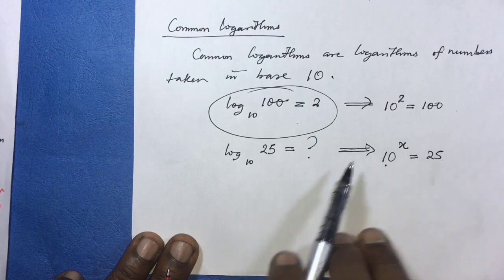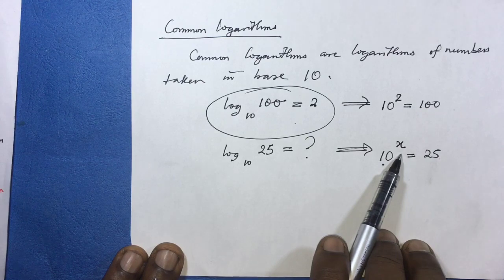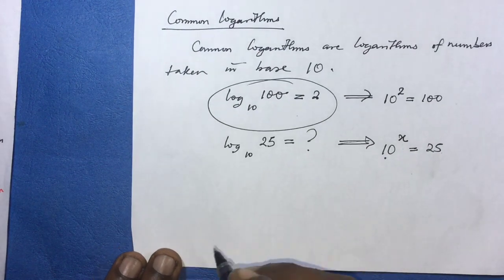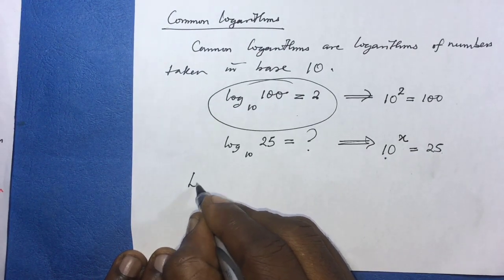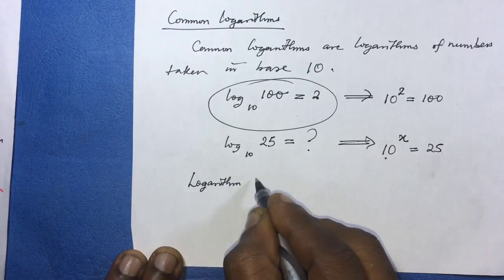So how do we obtain common logarithms for reasons such as this? We obtain common logarithms using what is called a log table, a logarithm table.